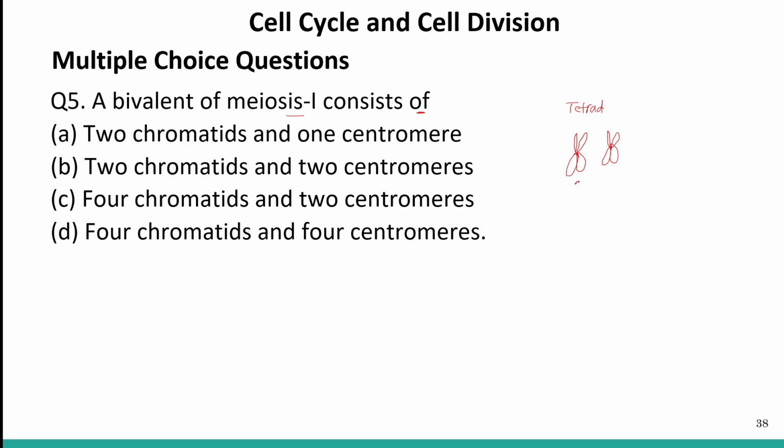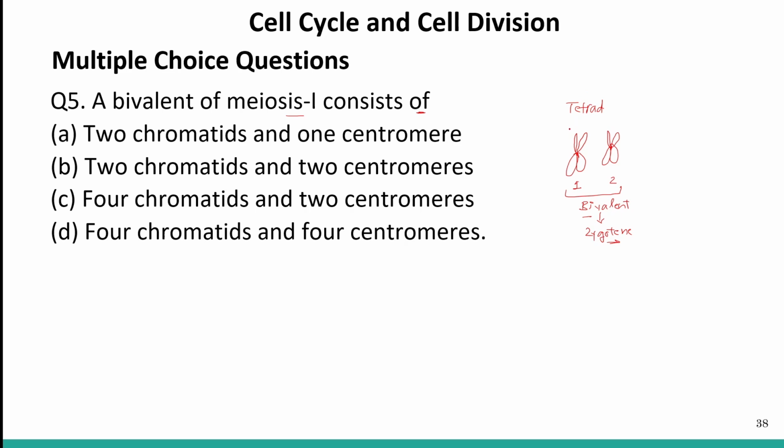Okay, this is first chromosome, second chromosome. Okay, together it is known as a bivalent. Bivalents are formed during the zygotene stage of prophase 1. Alright, and after formation of bivalent, synapsis is formed. Okay, and then crossing over takes place in the pachytene stage.